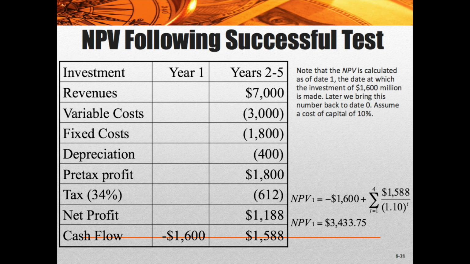What if it's successful? So we go to the next slide and we look at whether it's successful or not, and we find out that following a successful test, revenues are $7 billion, and variable costs are $3 billion, fixed costs 1.1, depreciation, pre-tax profit of 1.8 billion, pay your taxes, you have $1.1 billion in net profit, and so we add back depreciation for 1,588, which is $1.5 billion after tax profit, and we discount that back, subtracting out the $1.6 billion for the investment, and we find out that our net present value is incredibly positive.